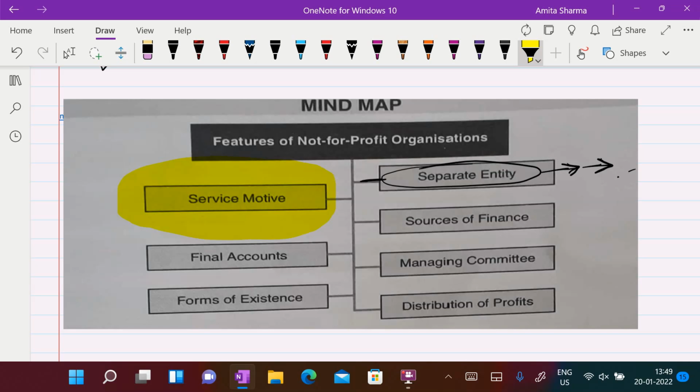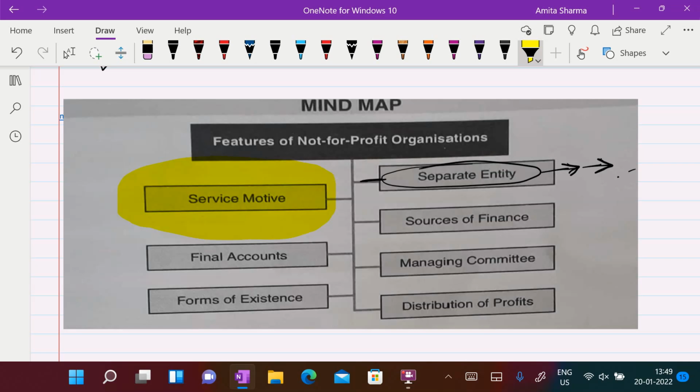So motive of not for profit organization is to serve the society, to serve the members, to serve the subscribers, either serving the society free of cost or through much discounted services.